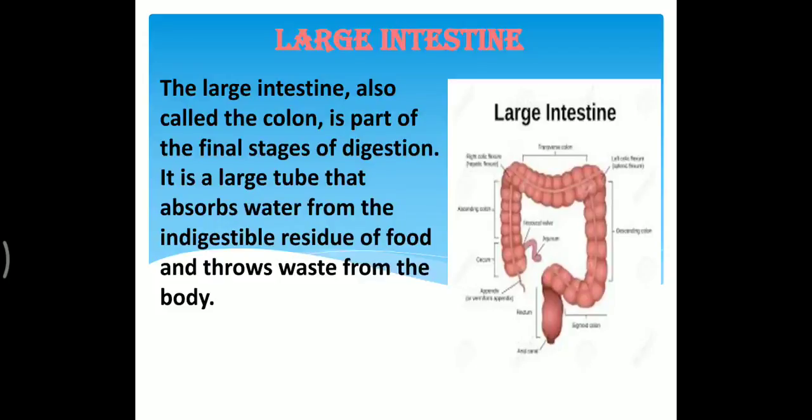Whatever food is absorbed, all the nutrients are absorbed, then whatever waste is left in the small intestine is sent to the large intestine. Here the large intestine collects all this waste, and it reabsorbs useful things like water. Extra water is wasted here. Useful water is absorbed again, and the other waste is thrown out through the anus.